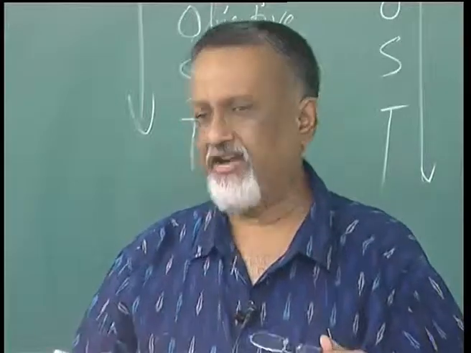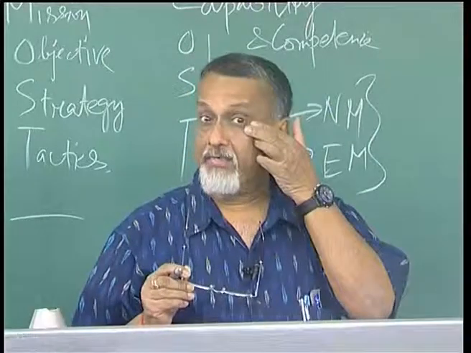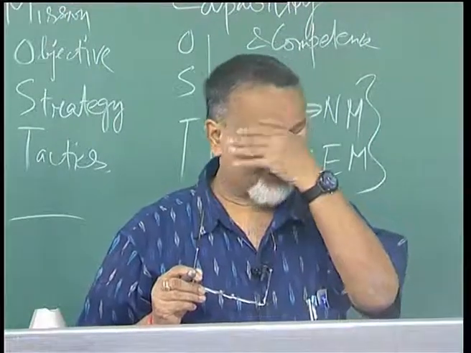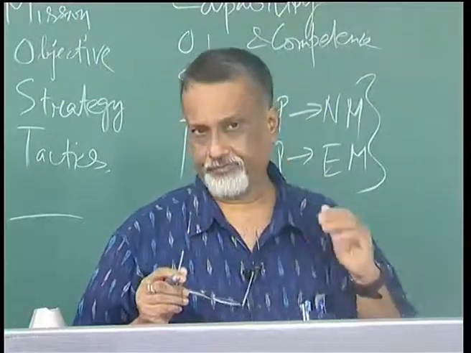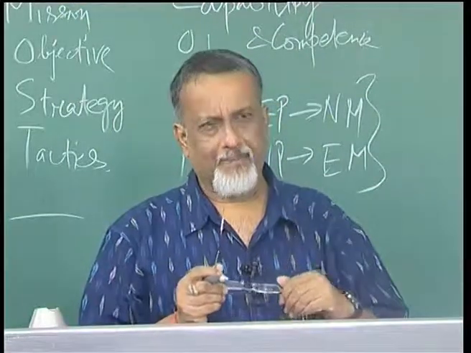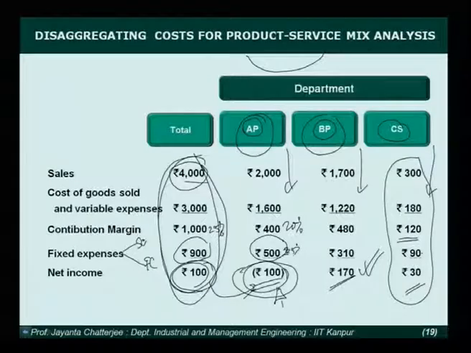So one kind of analysis that we have to do to understand how we are performing, how the marketing strategy that has been deployed is panning out in the marketplace, will be done this way, looking at product group A, product group B, service group C, and so on.